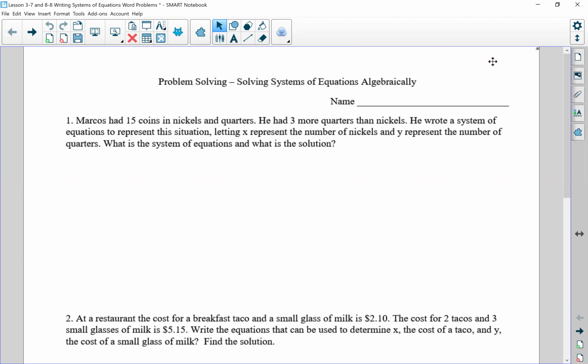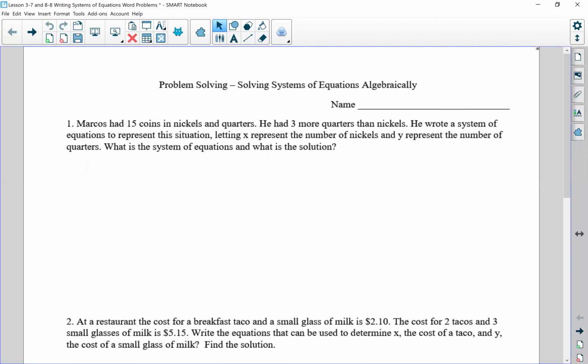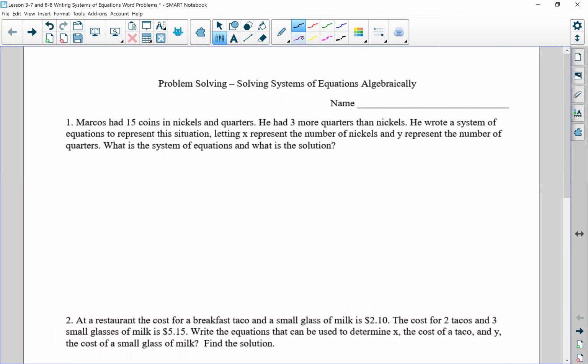Marcos had 15 coins in nickels and quarters. They tell us that X is the number of nickels and Y is the number of quarters. So we're going to put that as our first equation: X plus Y equals 15. Okay. He had 3 more quarters than nickels.